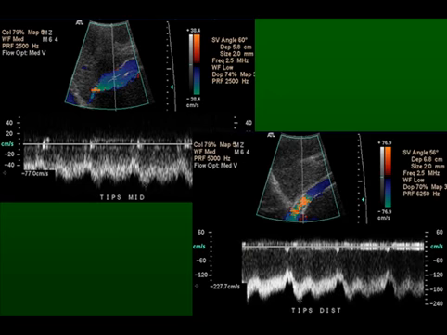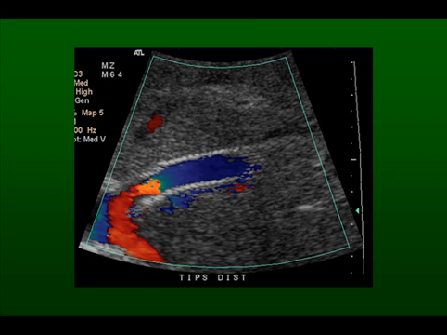That increases to 227 centimeters per second just beyond an area of stenosis. Here is another example of a visible narrowing of the color Doppler signal in the distal shunt caused by pseudointimal hyperplasia. Almost all stenoses do occur in the distal shunt, that is, at the hepatic venous end.